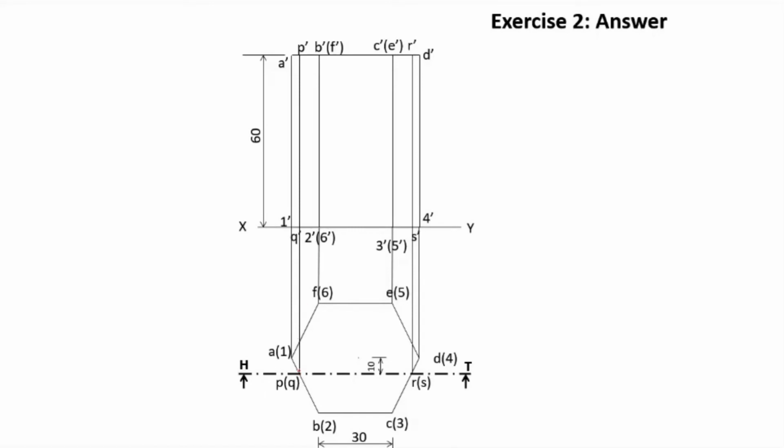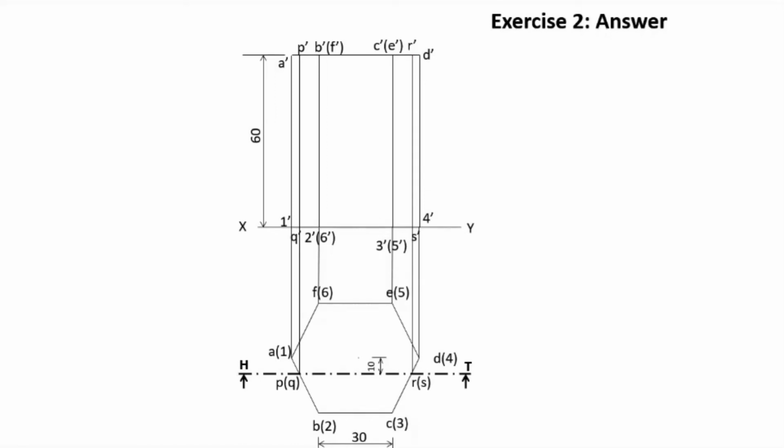From PQ, you draw this vertical line such that it intersects the top face at P dash and the bottom face at Q dash. Likewise, from RS, you draw the vertical projector such that it intersects the top face at R dash and the bottom face at S dash.